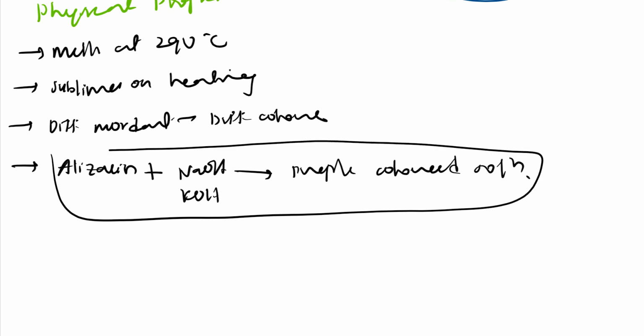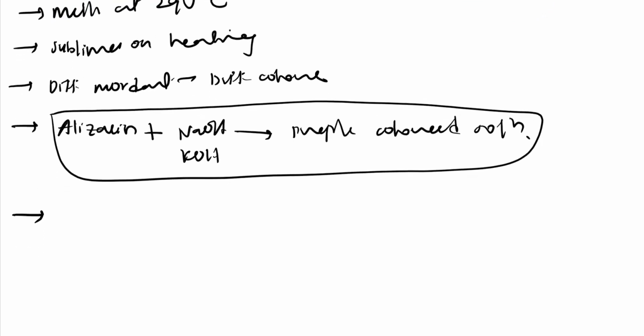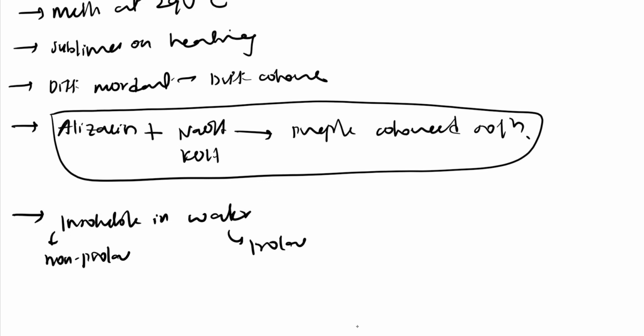And the last one is, it is insoluble in water. It is insoluble in water because water is polar, whereas alizarin is non-polar because it is an organic compound. Polar and non-polar, these are insoluble. So it is insoluble like that.